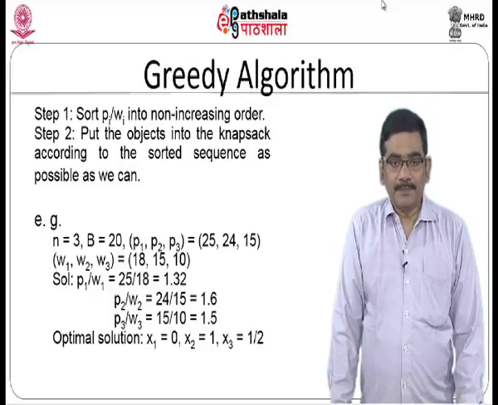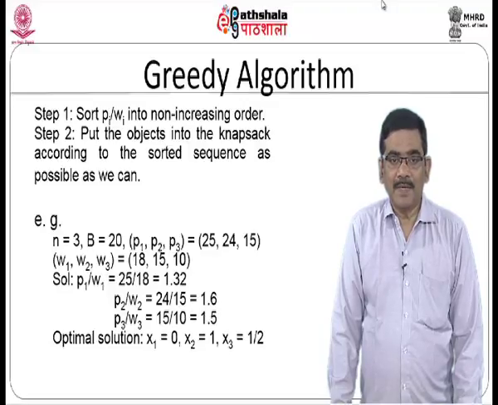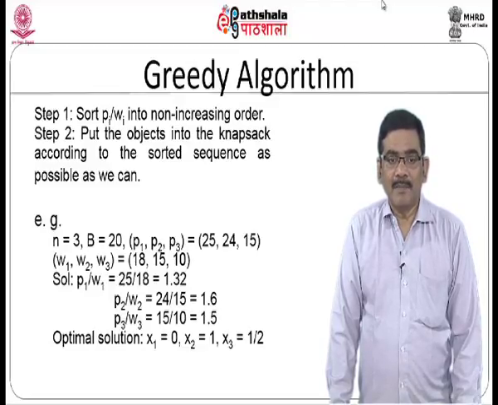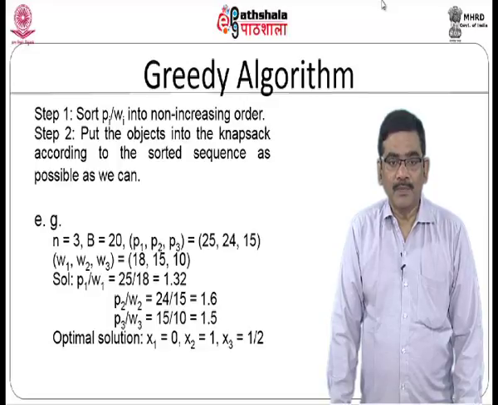You can load the knapsack with various items based on many criteria. So, based on the weight I can load, based on the profit I can load, and we had seen that the best way to load the knapsack is based on the criteria of Pi to Wi.